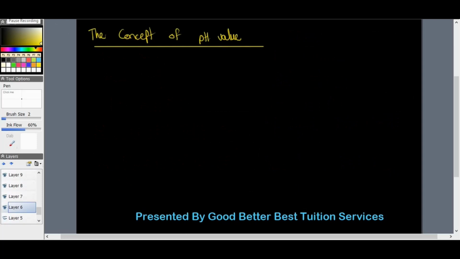All right. The concept of the pH value: there's something that's called the pH scale. You will learn the scale in more detail as you get to grade 10, but more so in grade 12, where we teach you how to actually work out pH values.